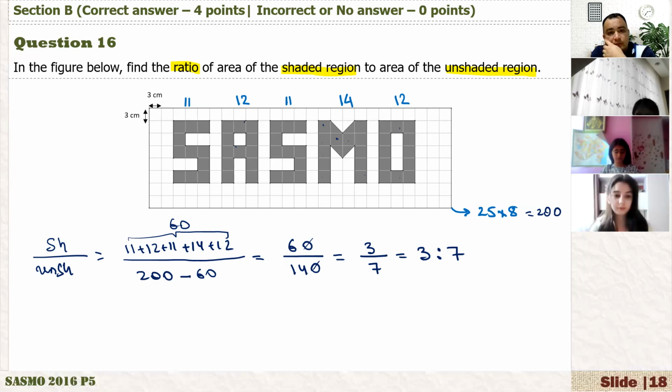Because unshaded means which are not shaded, right? The shape is shaded, and outside the shape, those squares are unshaded. Leila, did you understand? Okay. Elmira, if it is clear, let's move on to the next question.